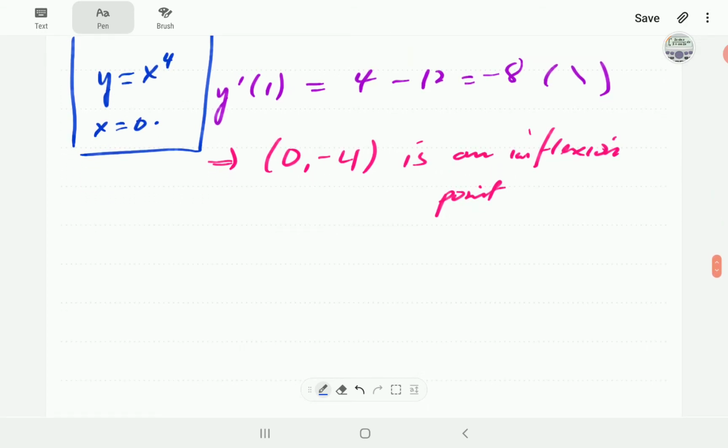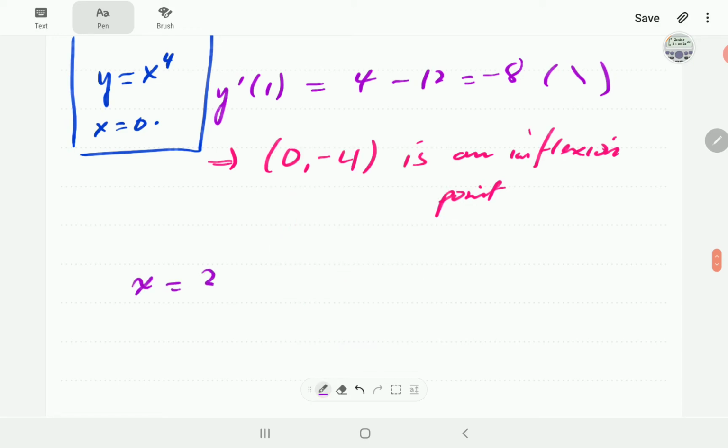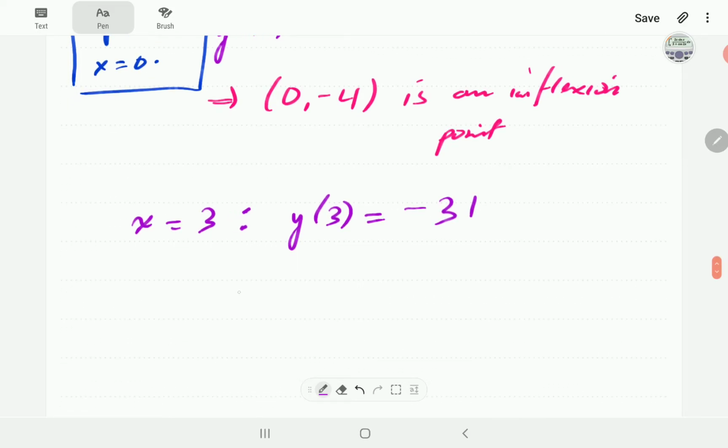All right, then let's go to the other stationary point, which is 3. So when x equals 3, we find that y is -31. And then the second order derivative, which is going to give us concavity, is 12 times 3 squared minus 24 times 3.